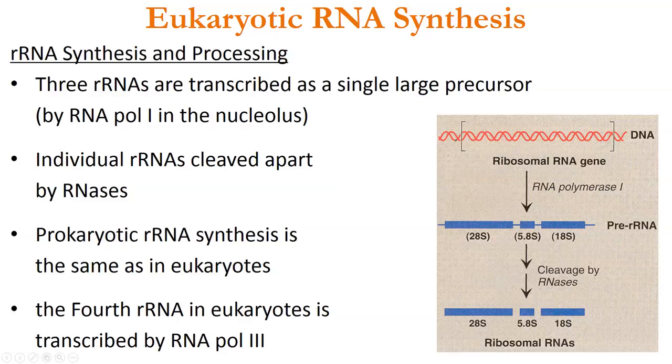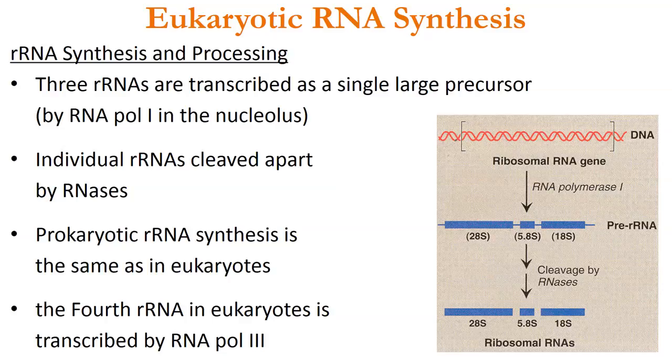So, eukaryotic synthesis of ribosomal RNA. Once again, with the ribosomal RNA and the transfer RNA, basically the models are going to be the same between prokaryotes and eukaryotes. The difference being prokaryotes use the same polymerase for all of them. In eukaryotes, you use RNA polymerase 1 for the ribosomal RNA. And 3 of the ribosomal RNAs are actually transcribed as a single unit.